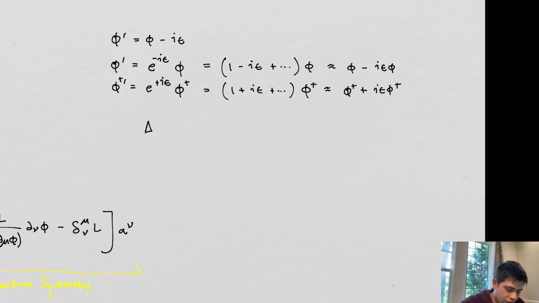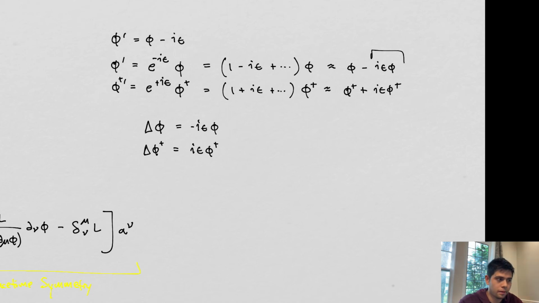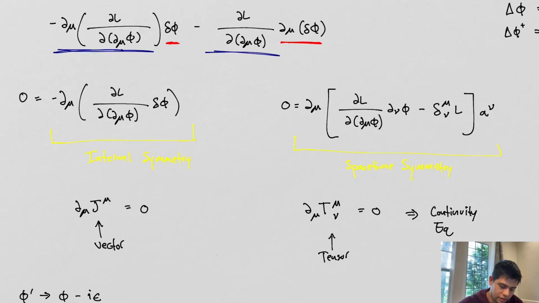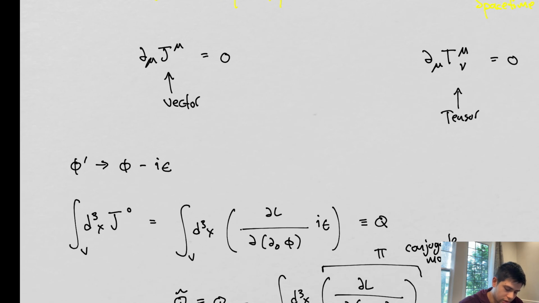So we can consider now the change in the shift of the field as being negative I e phi, because that one's right here. And the shift in our complex conjugate is I e phi complex conjugated, like that. And we can contrast this with what we said down here.